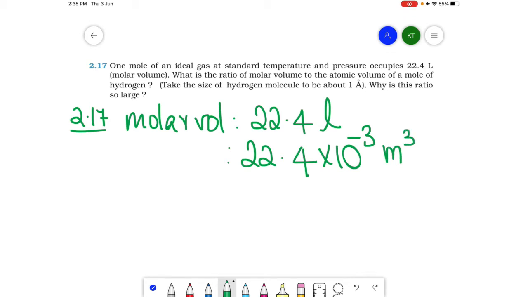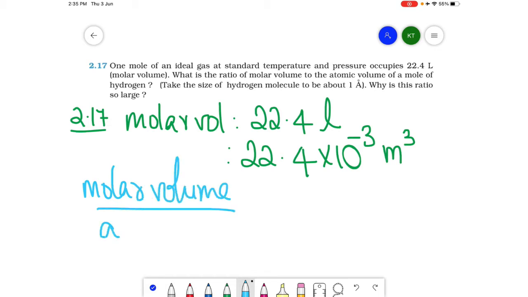Now, what is the ratio of molar volume to the atomic volume? That is our question.